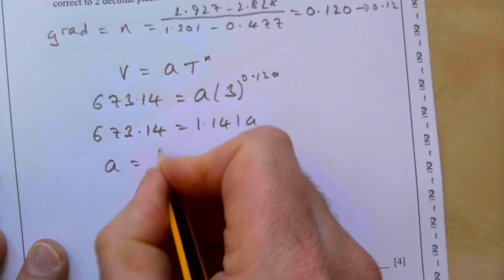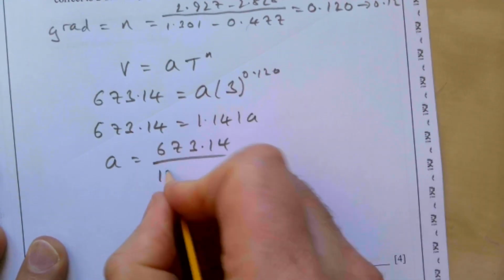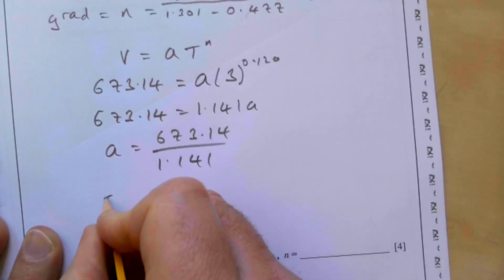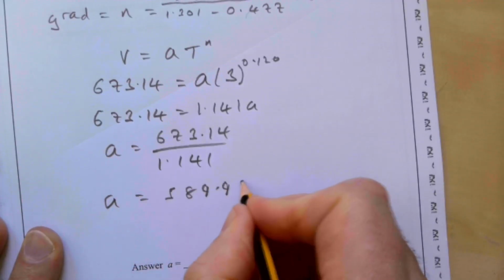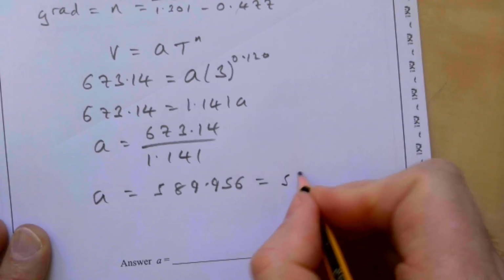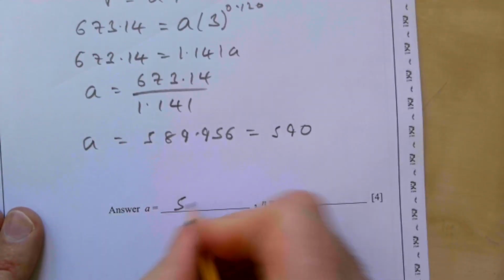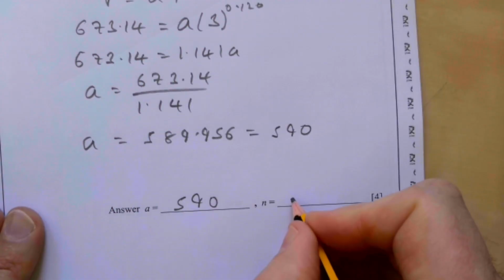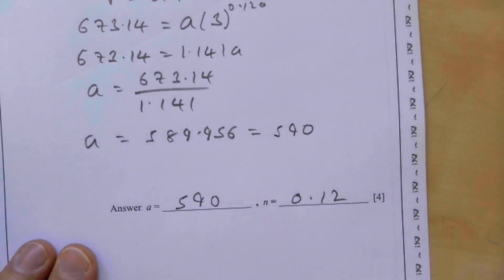So my a value then is 673.14 divided by 1.141, and that gives me something like 589.956. It asked me to give it to the nearest integer, so we're going to go with 590. So my value of a is 590, and my value of n is 0.12. That's it, correct to 2 decimal places, as you know.